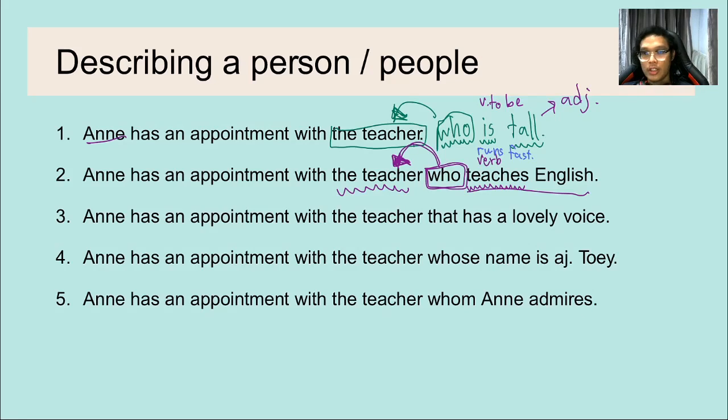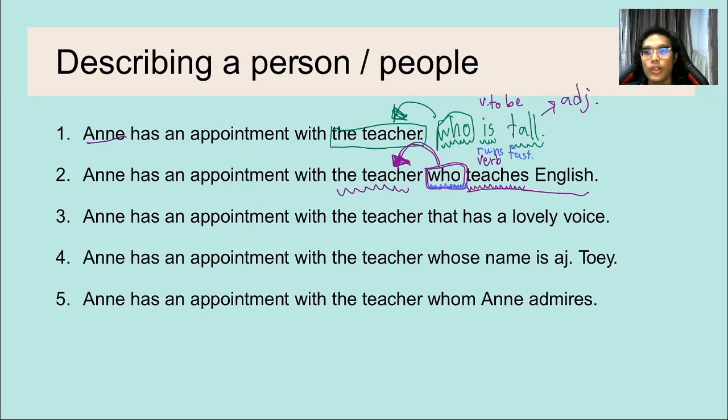So here is the structure. I will give you more WH words or relative pronouns that we can use with the adjective clause. Now we have already learned about who, right? But actually in an adjective clause we can use whose, whom, which or that to describe a person as well.